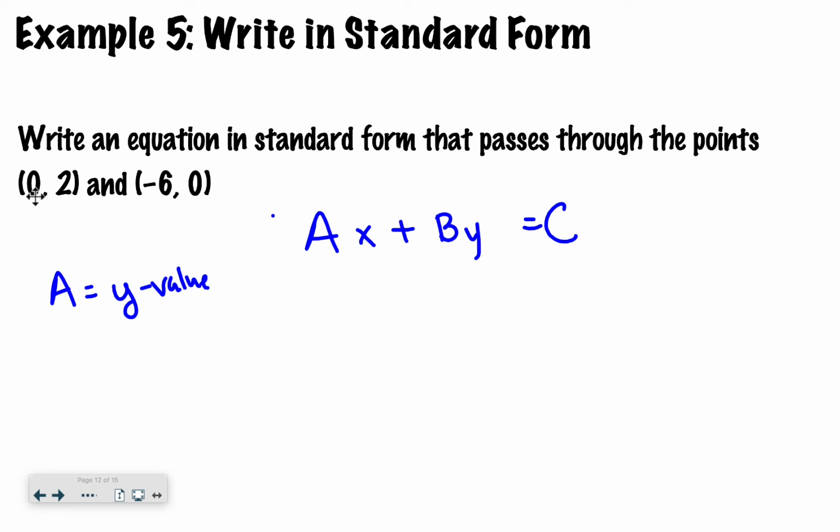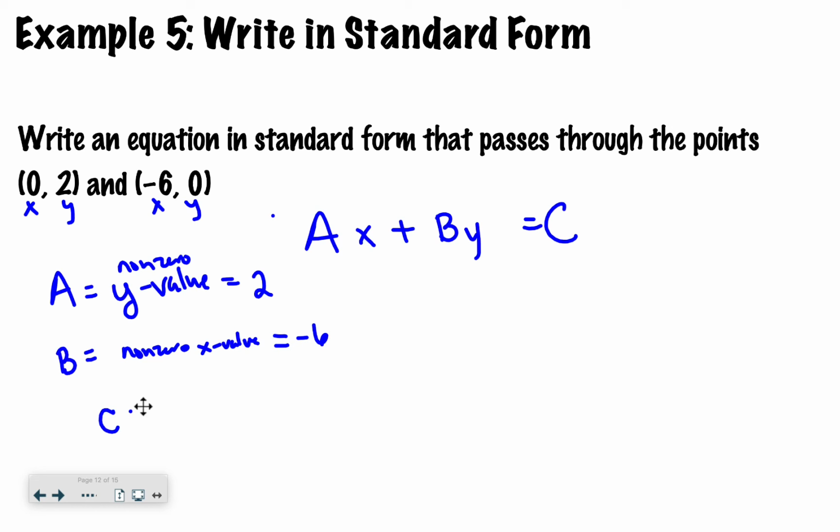In this case, if I look at my 2 points, the only non-zero y value is 2. So in this case, A equals 2. B is whatever your non-zero x value is, in this case, -6. And then C equals A times B. So in this case, 2 times -6, or -12.